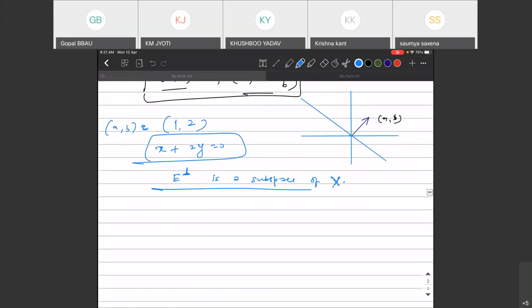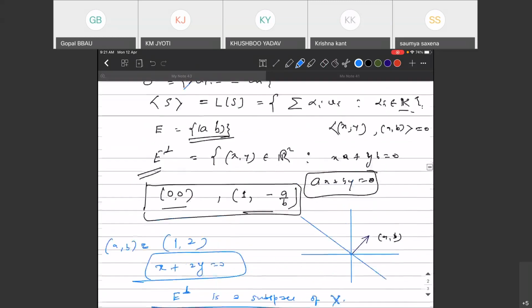You will see later that when you take the span of E perp and this set E, you will get the whole of X. How?